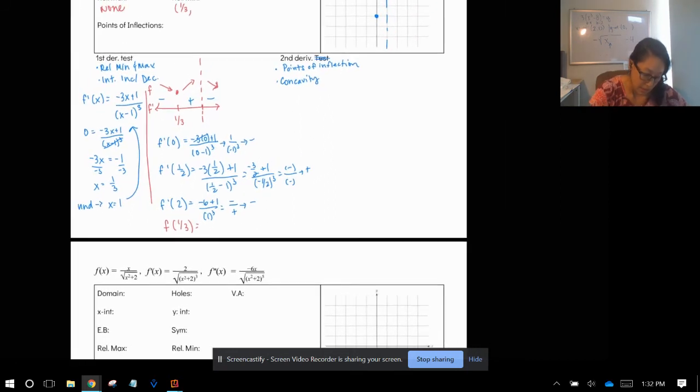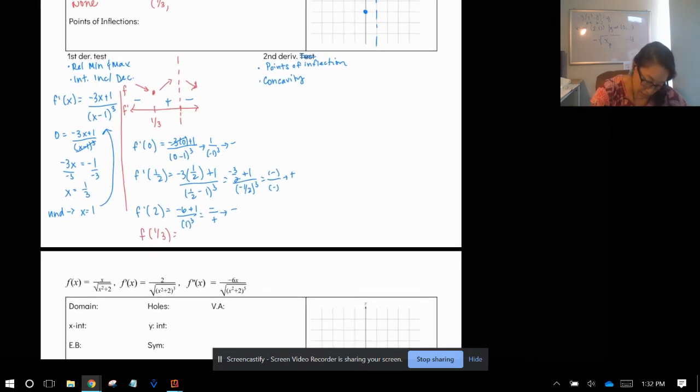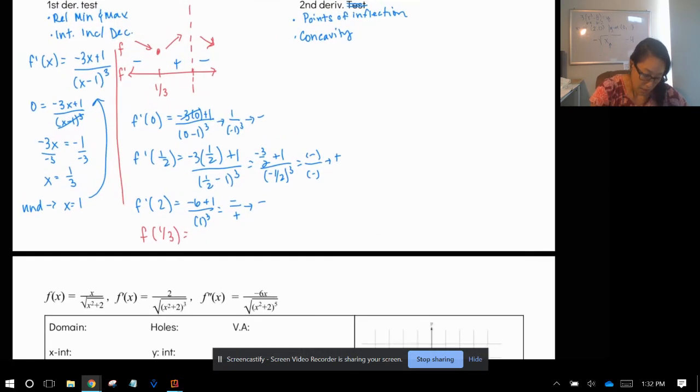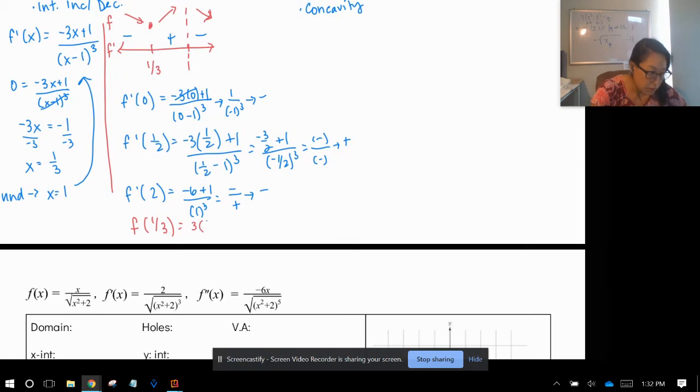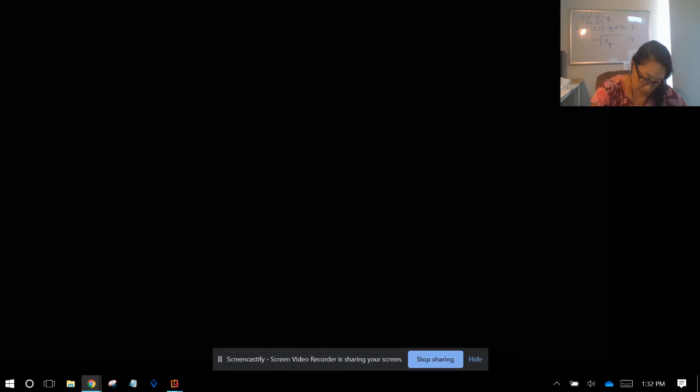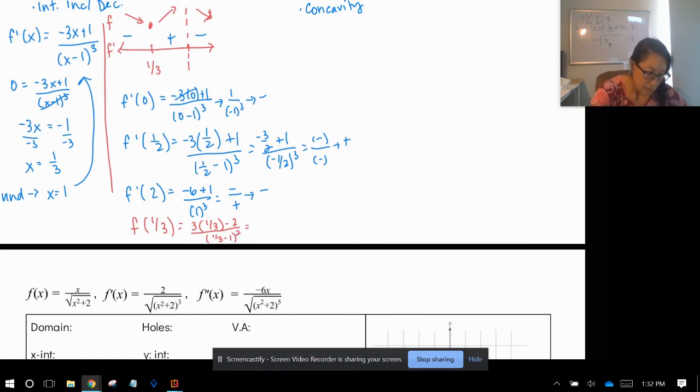I get 3 times 1/3 minus 2 all over x minus 1 squared. So 1/3 minus 1 squared gives me, I have this all written down. Okay, that becomes 1.